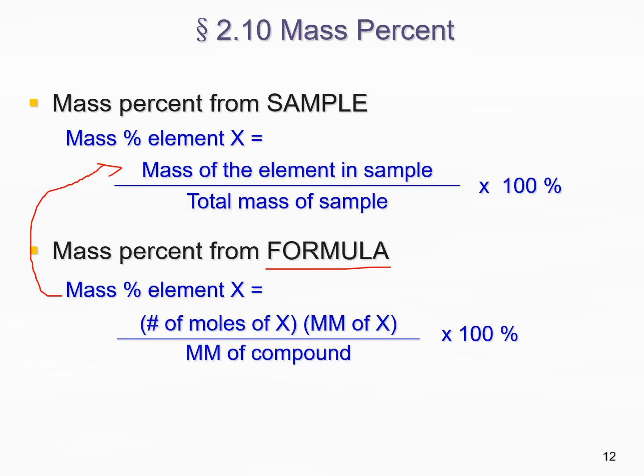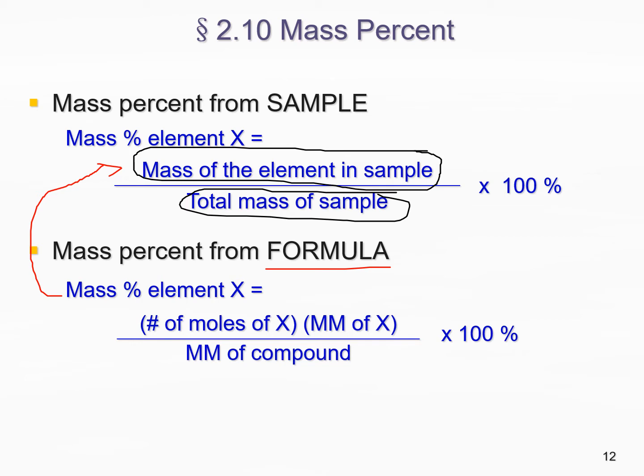But in reality, it is quite common that we send out our sample with the mass known, and they can tell us how much of the element is in that sample, which means we know the mass percent of the element.